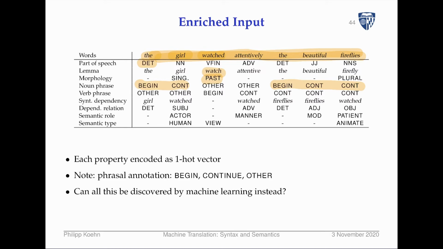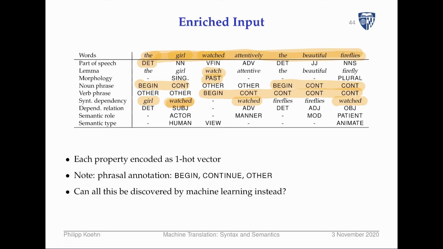Then here you have a verb phrase that begins and continues for a few words. Then you have the syntactic dependency, so you can basically say for each word what it depends on. So this is the subject. The subject here has the word watch as its head, what it depends on, and also attentively and fireflies all modify the verb. So, and so on.